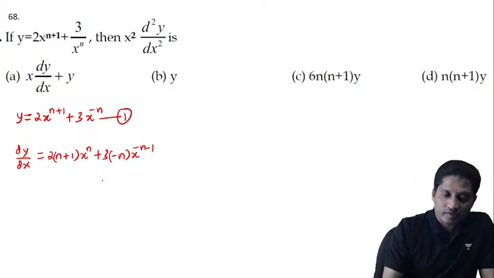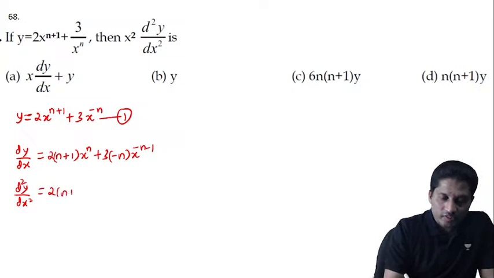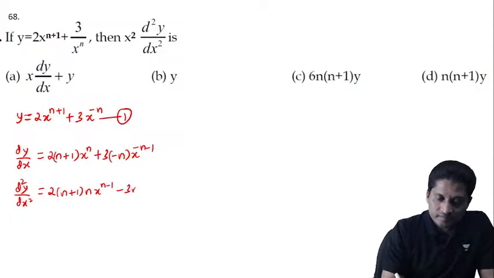Okay, if I differentiate once again, I can write this as d square y upon dx square is equal to 2 into n plus 1. Differentiation of x power n is nx power n minus 1, minus 3n, and then you get minus n minus 1 x to the power of minus n minus 2.